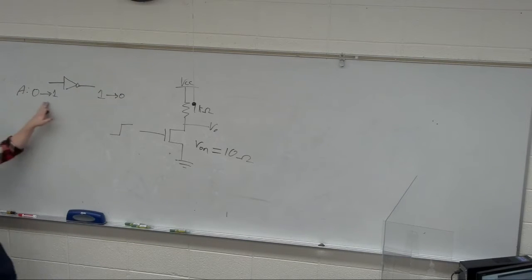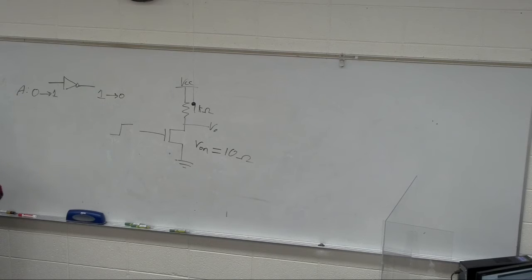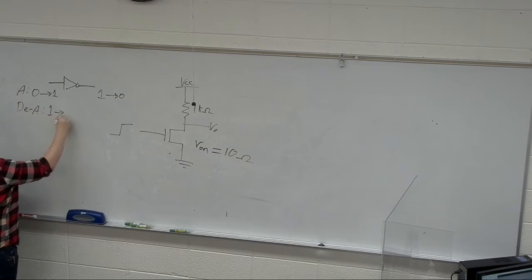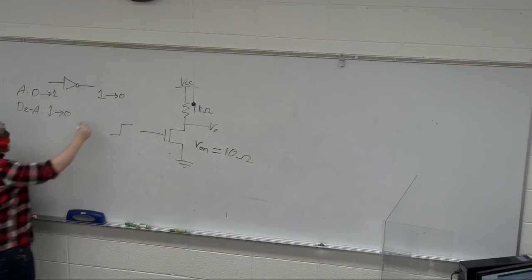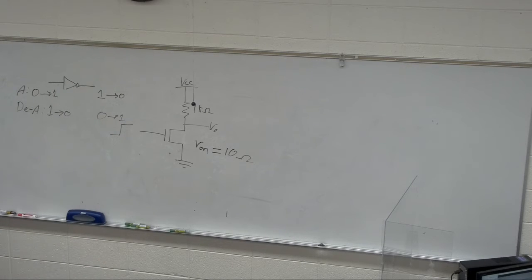But this is still the assertion delay. Even though the output is de-asserting, the input is being asserted. So we care about what's happening at the input. So the de-assertion delay is 1 to 0 at the input, which is 0 to 1 at the output. And so they can be different.